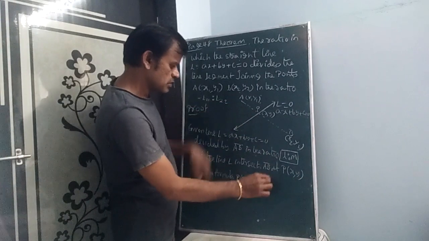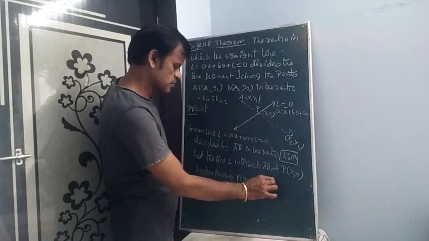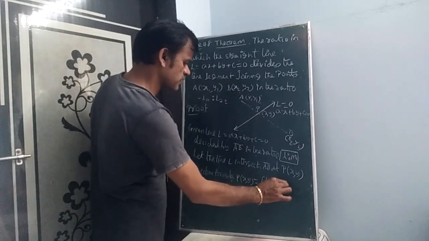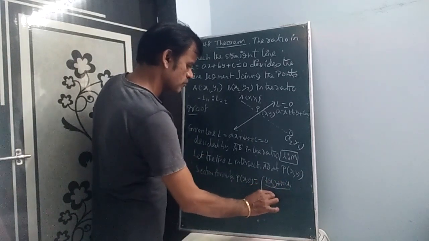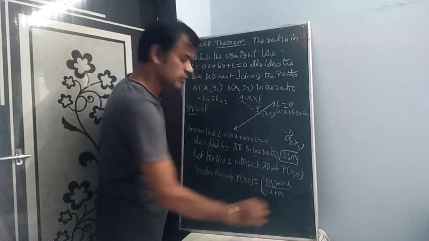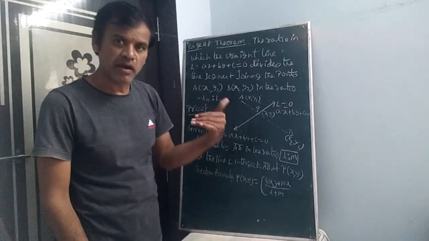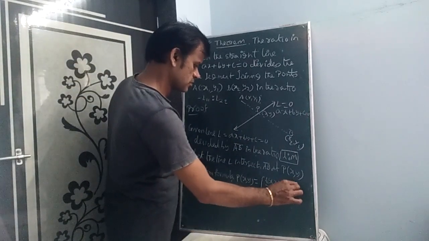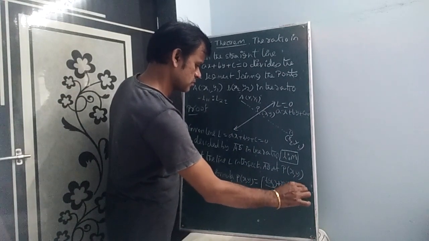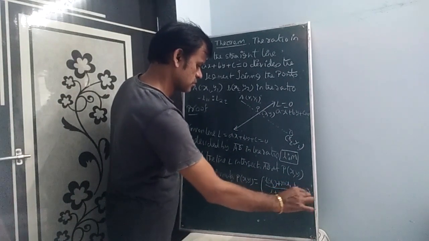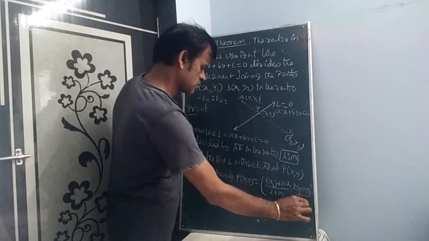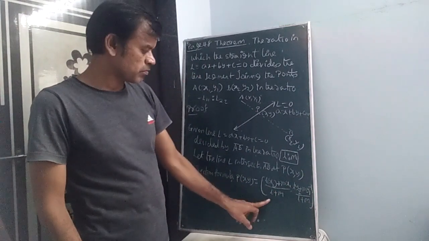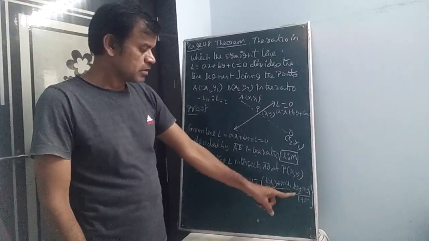So L into second letter x2, plus M x1, by L plus M, comma, Ly2 plus My1 by L plus M.